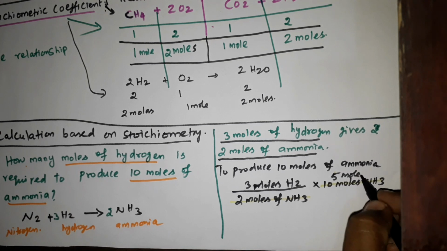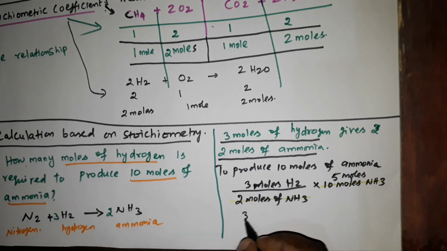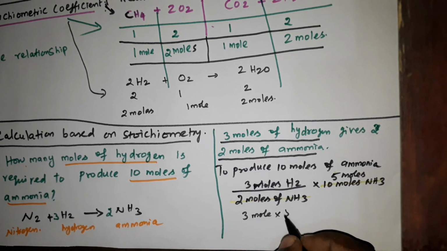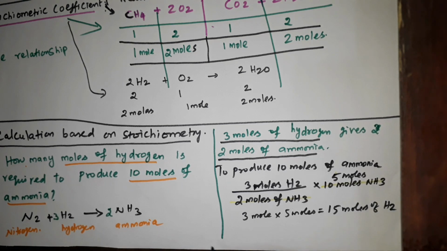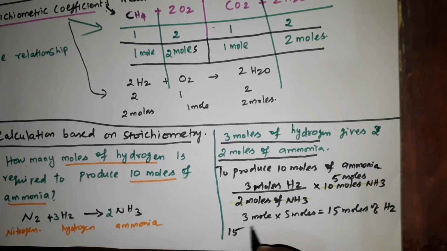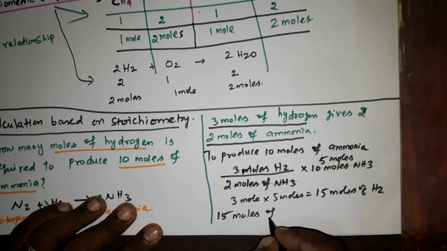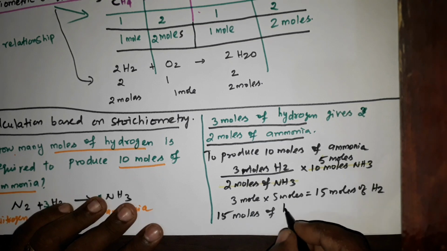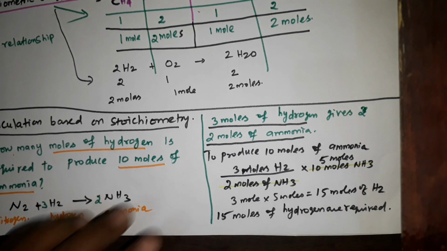So multiply this 3 moles into 5 moles, we will get 15 moles of hydrogen. So the answer is 15 moles of hydrogen are required. So that is the answer.